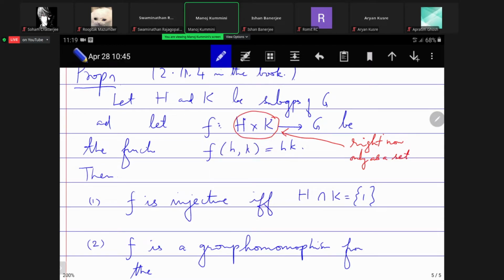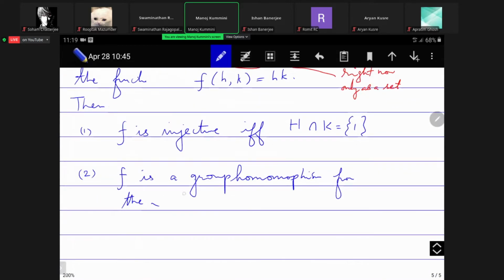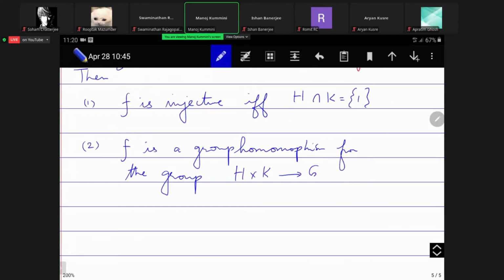Now I am making a statement about it being a group homomorphism from the group H cross K to G, if and only if for all k in K and for all h in H, kh is equal to hk.